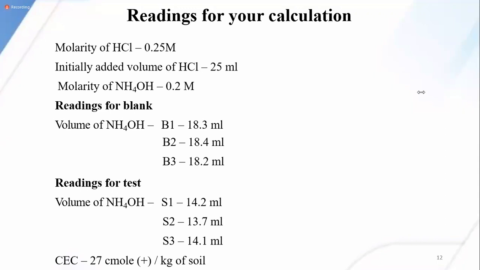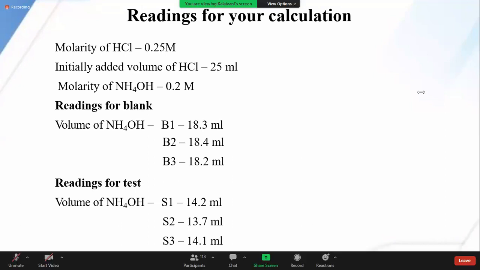The remaining amount of HCl for the test: 3.45 into 10 to the power minus 3 mole. Is that correct? Okay. Then what is the total exchangeable bases?